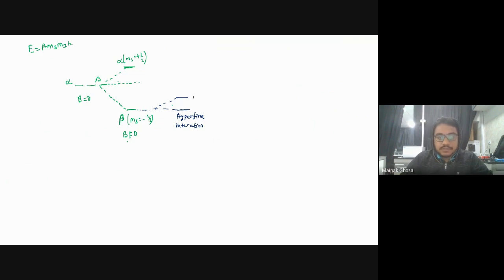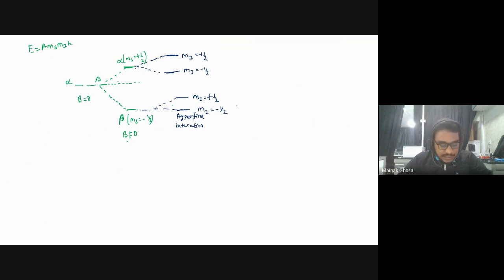So mi equals plus half, and mi equals minus half, and similarly here mi equals plus half or mi equals minus half. Okay, so four states are possible. So what should be the energy?